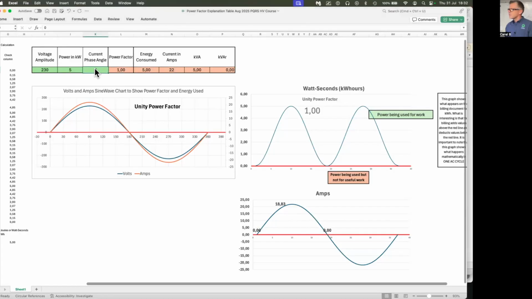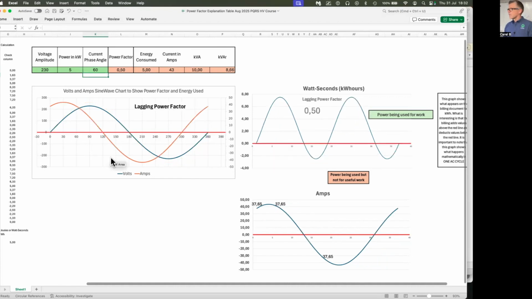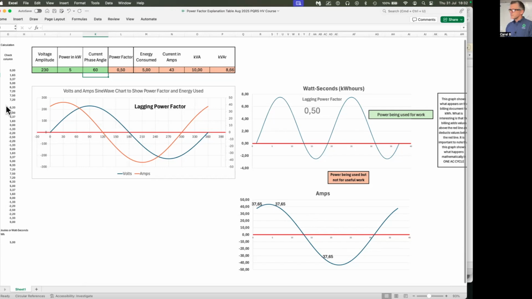If I change the phase angle, I'm going to change it dramatically, to 60 degrees. What is evident is the massive gap here between the current and the voltage.